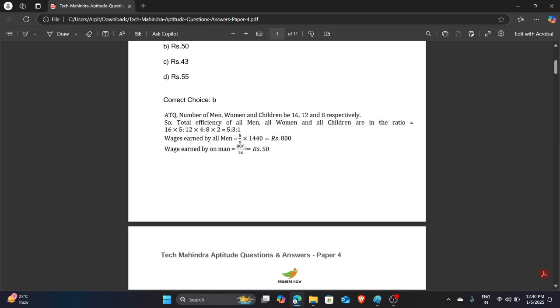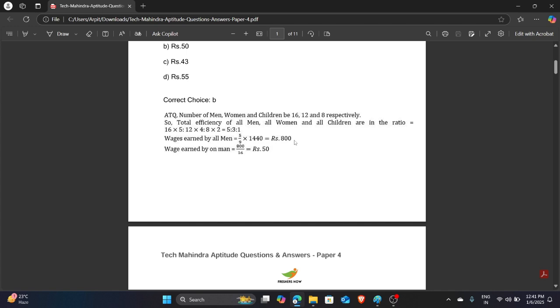It means total wages is this, and this is the total work done. When we divide total wages by the total work, we get the value of 1 unit. When we get the value of 1 unit, they multiplied it by 5, the 5 units of work done by the men, and then they multiplied it by 800.